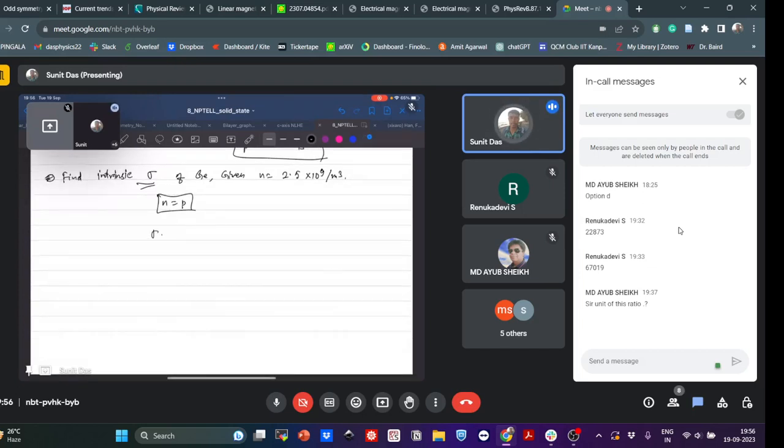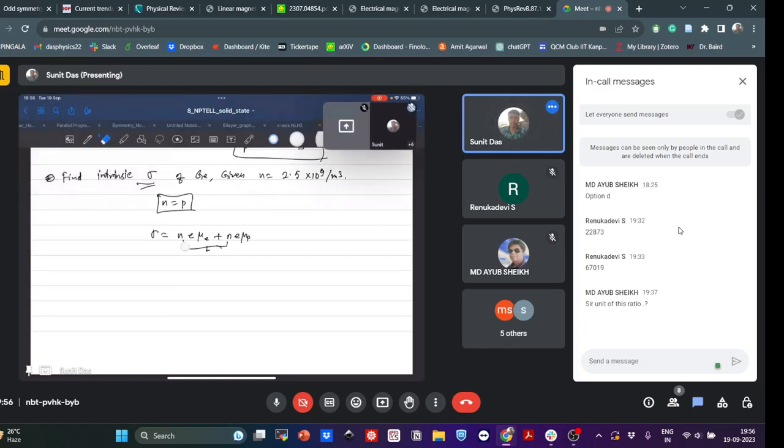So the total conductivity will be n e mu electron plus n e mu holes. Now this n is the same here because it is intrinsic, so concentrations are same basically, right? So n and charge are also same.